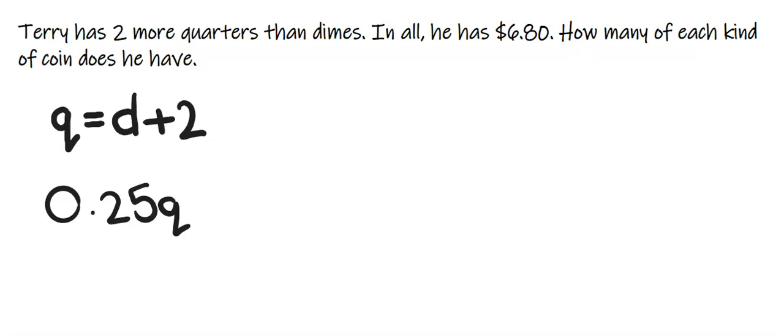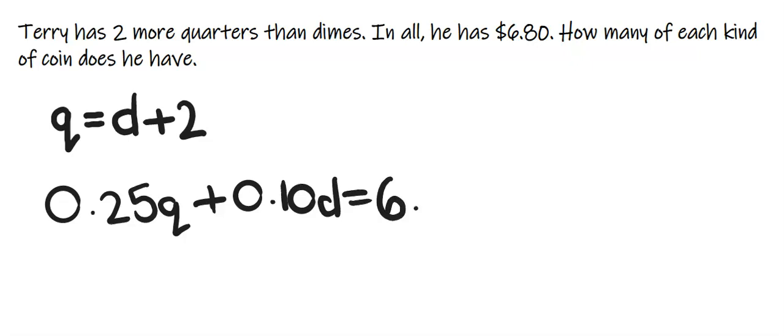And when we add the quarters and the dimes, which is 0.10D, we get $6.80. So both of these equations say that there are 2 more quarters than dimes, and in all, when you add the quarters and the dimes, you'll get $6.80.